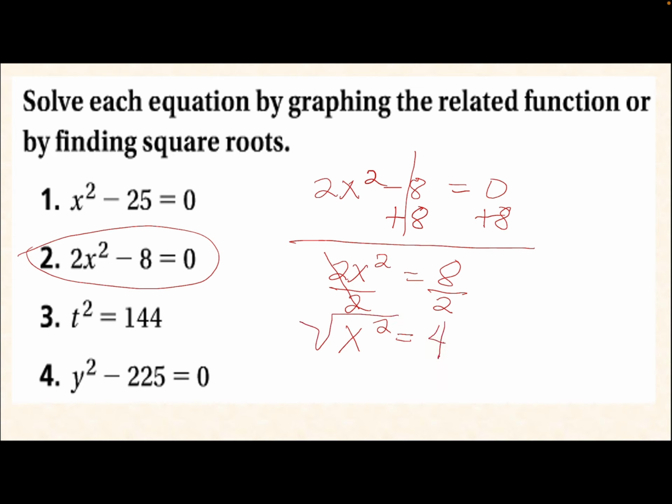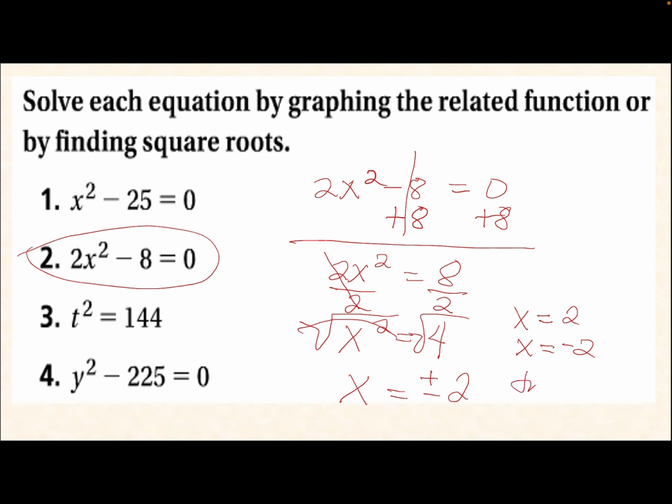Get the square root. So 2 divided by 2, that is 1. So x now is equal to, what is the square root of 4? That is 2. Positive and negative 2. We can separate it so that you are not going to be confused. x is 2 and x is equal to negative 2. How many solutions do we have?